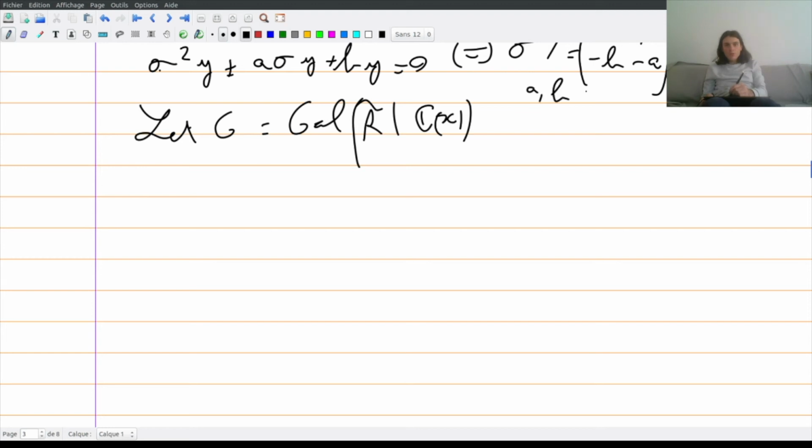So A and B are in C(z), and of course B is not zero. And then this matrix is in that group. So it's a subgroup of GL2(C). And how to compute J?